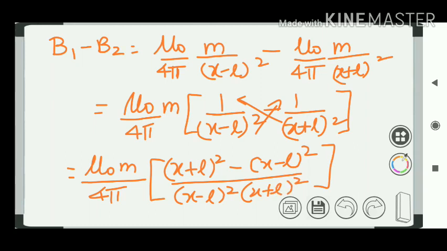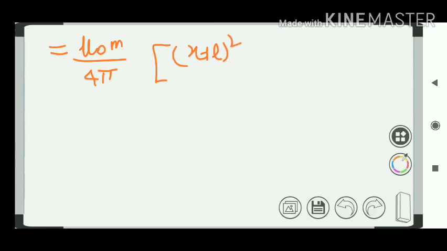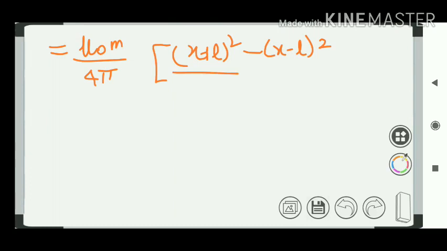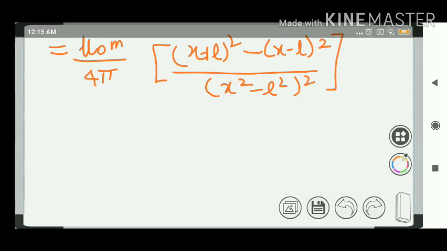This much clear? See, this denominator, it is A plus B into A minus B form. So the next step will be mu 0 M by 4 pi, right? It is X plus L whole squared minus X minus L whole squared, denominator X squared minus L squared whole square.